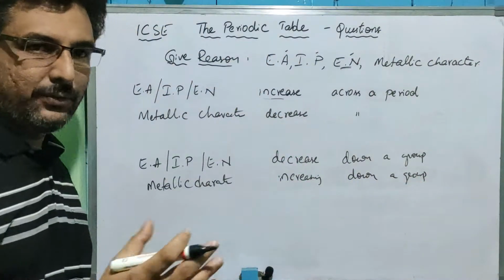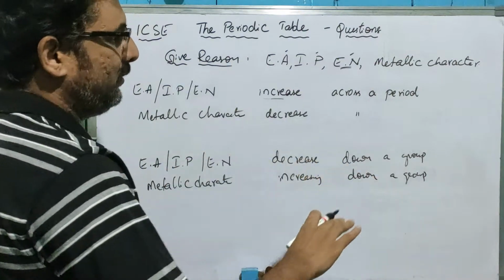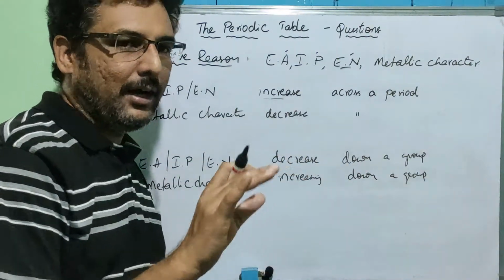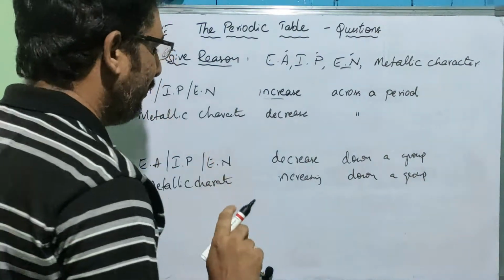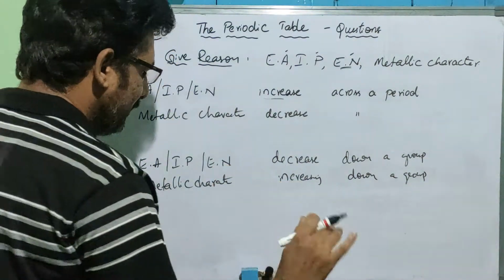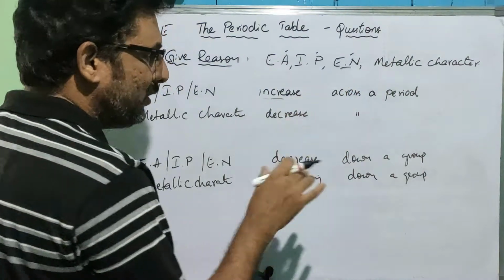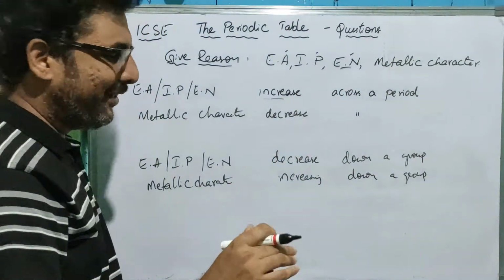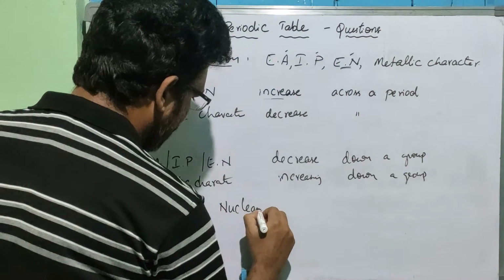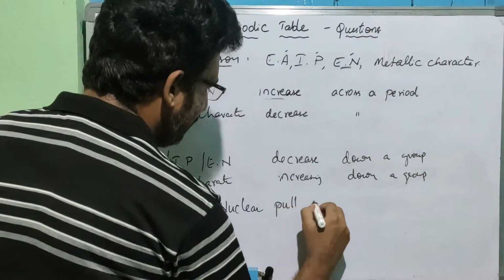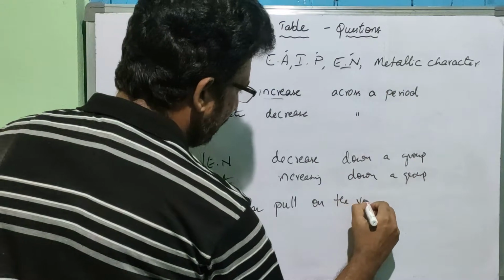And what is the reason for this? For all these questions, we answer depending on only one factor. So what is that factor? The factor on which these properties depend is the nuclear pull on the valence electrons.